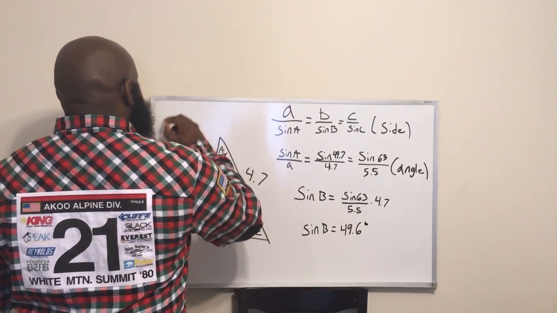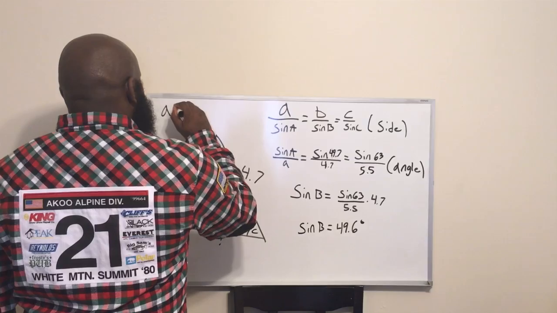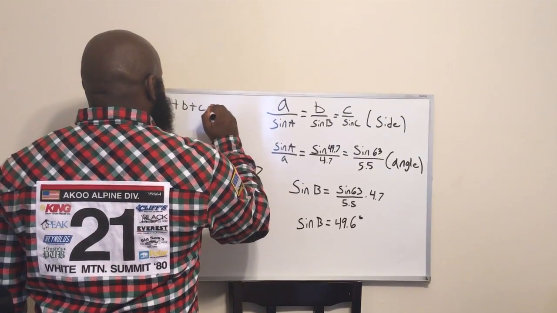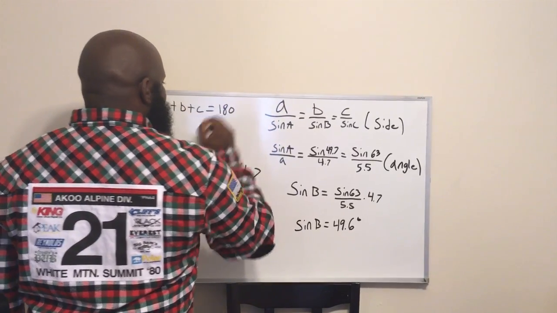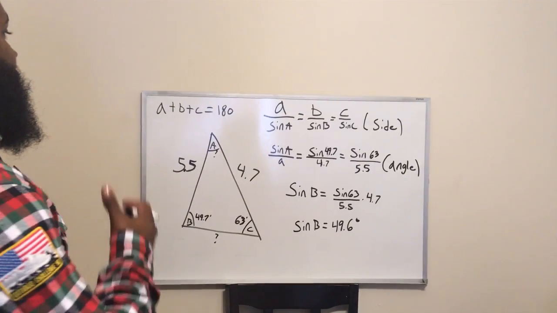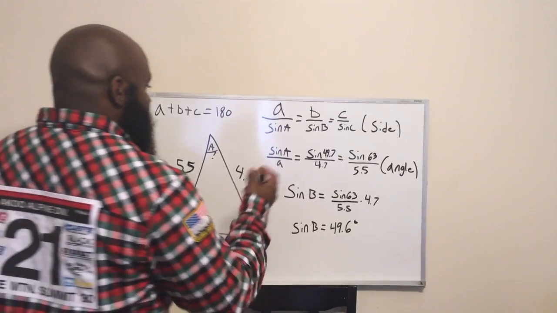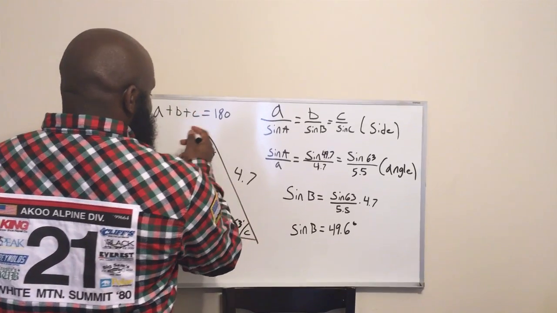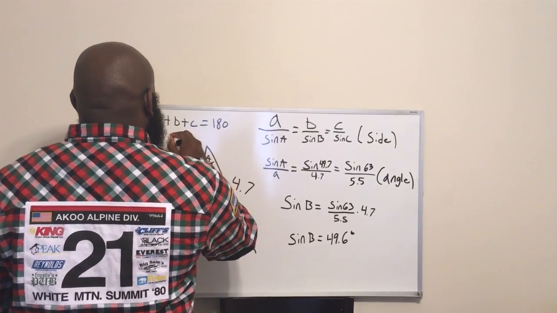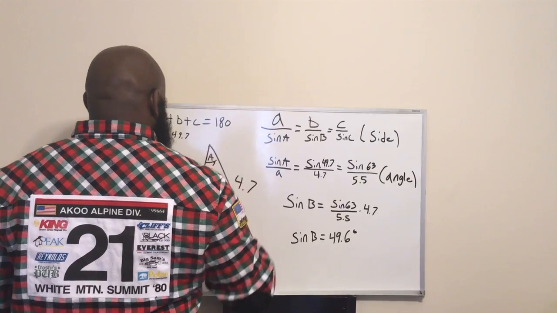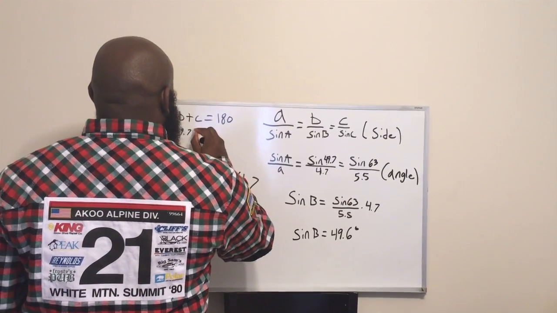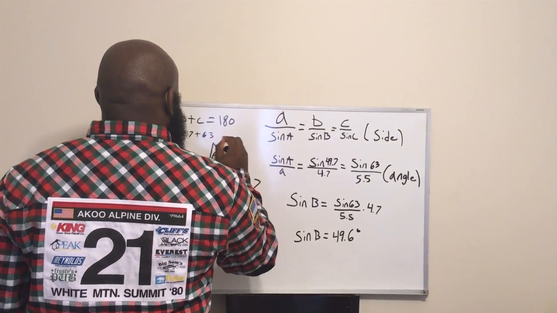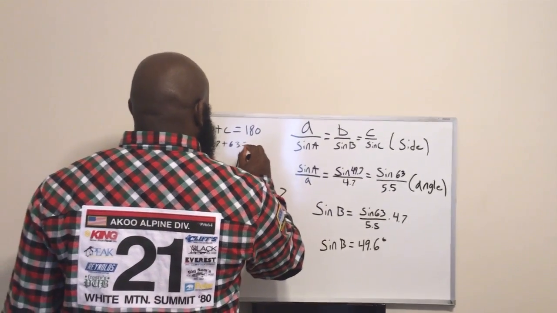That's the same as saying A plus B plus C equals 180. In this situation, let's fill in the blanks. Our B angle is 49.7. Our C angle is 63 degrees.